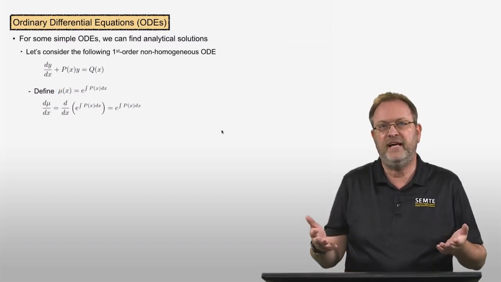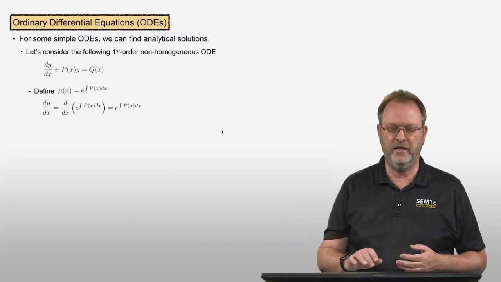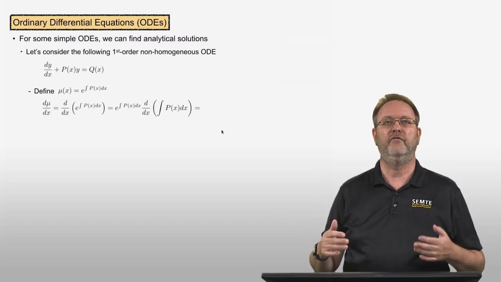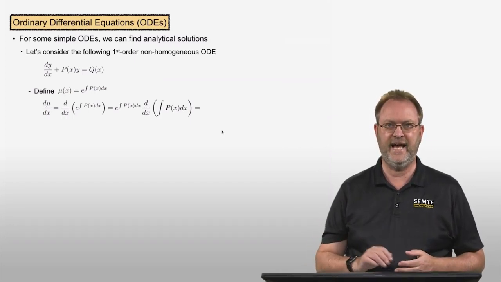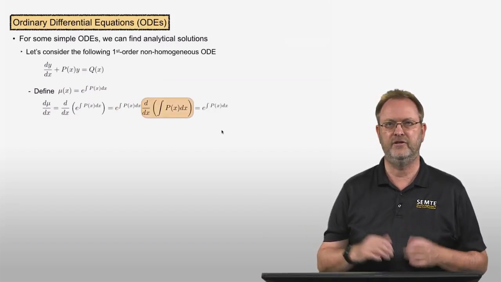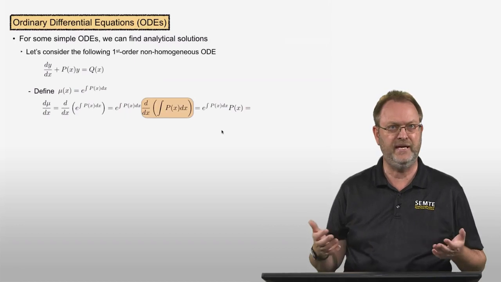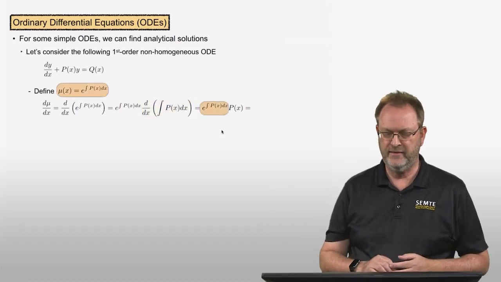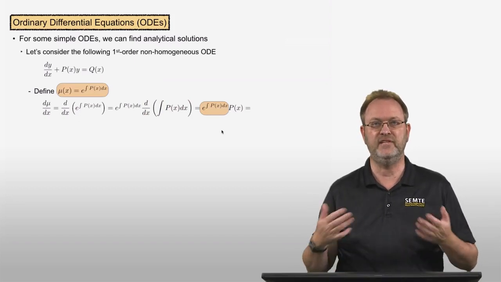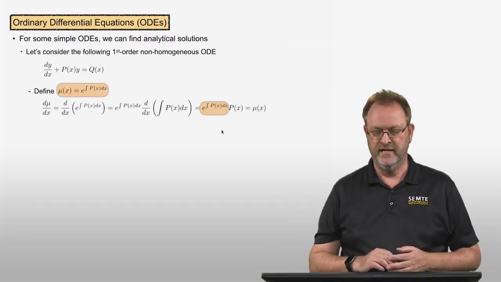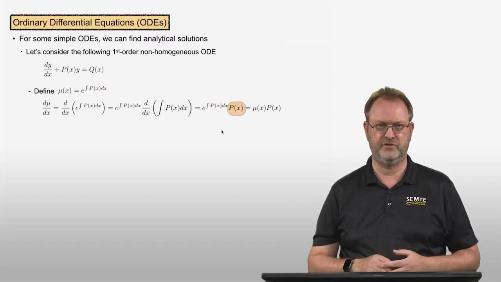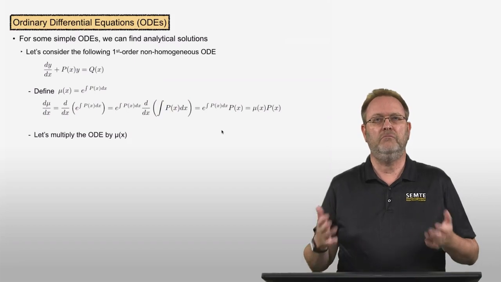That is just e to the integral p of x dx times the derivative of the integral of p of x dx, which is just p of x. Since e to the integral p of x dx is equal to mu of x, this is equal to mu of x times p of x. Okay, so how does that help us?